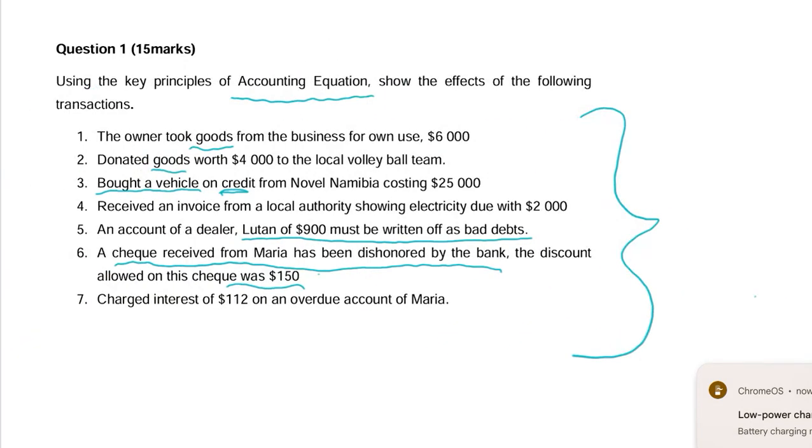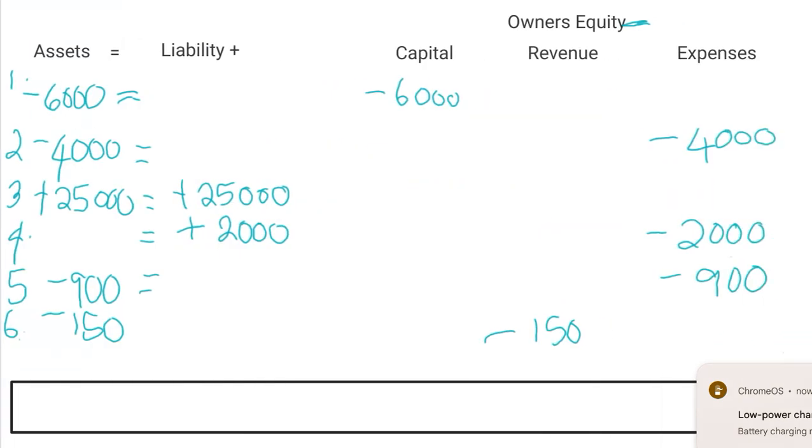And then we charged interest of 112 on an overdue account of Maria. So we charged interest. So this is an overdue account. So number 7, we go back to our accounts receivable again. And in our accounts receivable, it's an asset account.